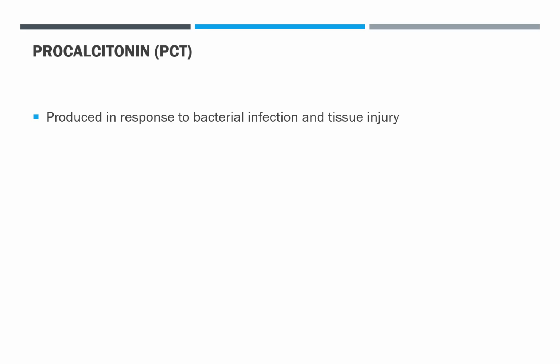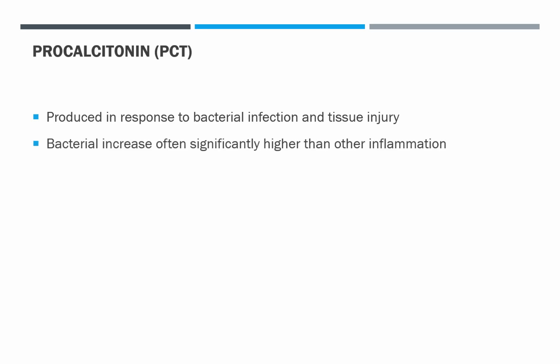Also, as a part of the immune response to viral infections, it tends to inhibit procalcitonin. And so you might get some clues if it's very low and the patient has signs and symptoms of infection, that might be viral. If it's bacterial, it will increase, often significantly higher than other forms of inflammation that can cause a procalcitonin rise.